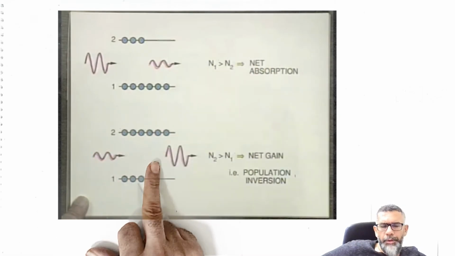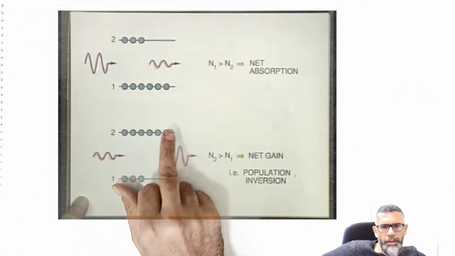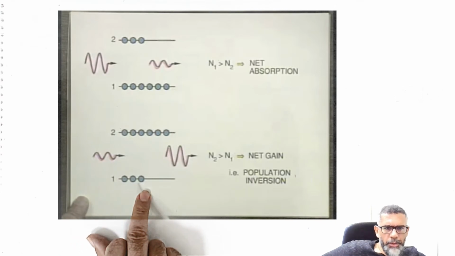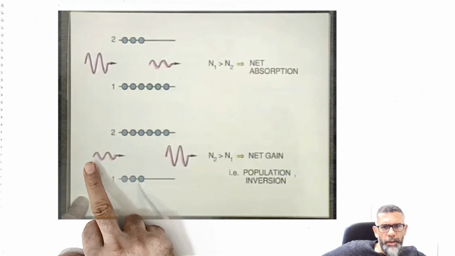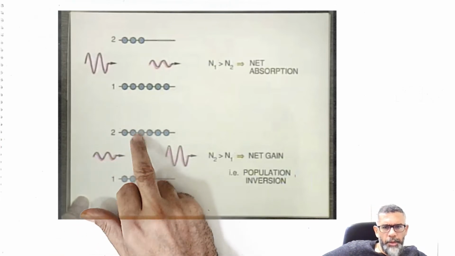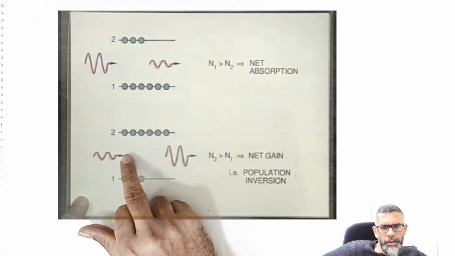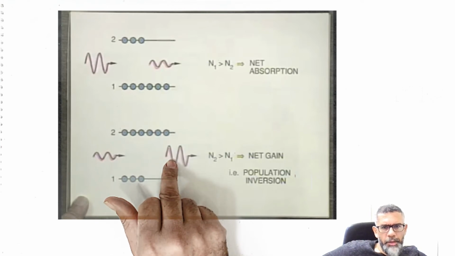But if you think about the second case, where there are more atoms in the excited state compared to the ground state, the reverse happens. When you send some incoming light, or photons, that match the energy difference between the levels, the system will produce stimulated emission.